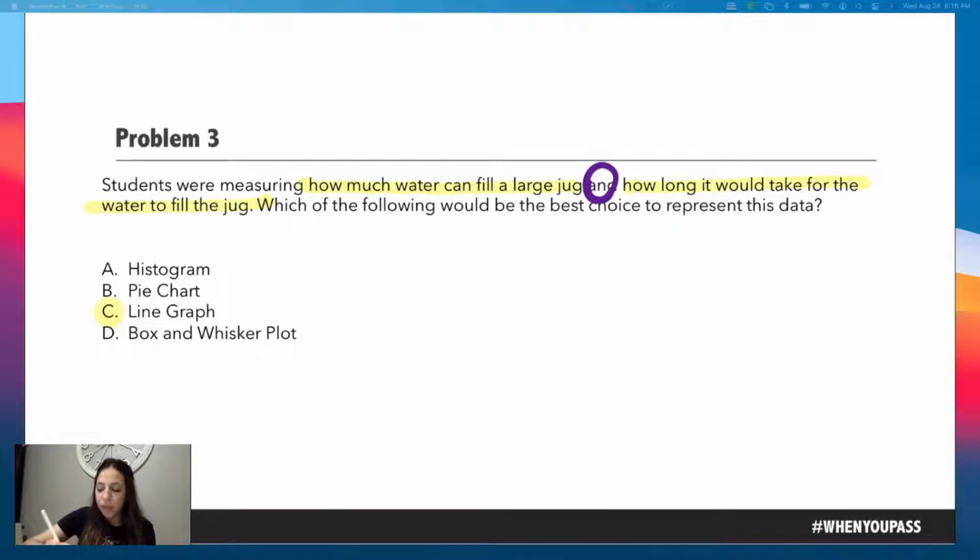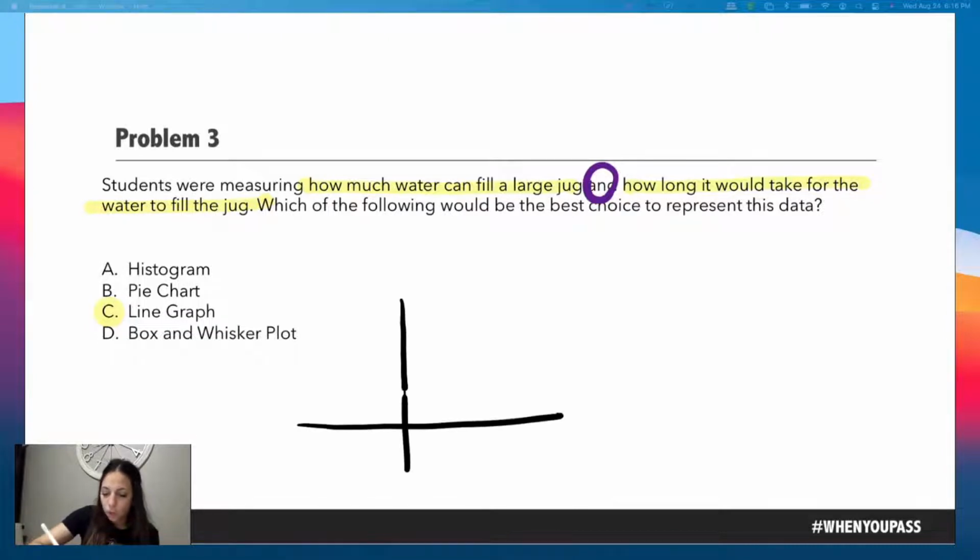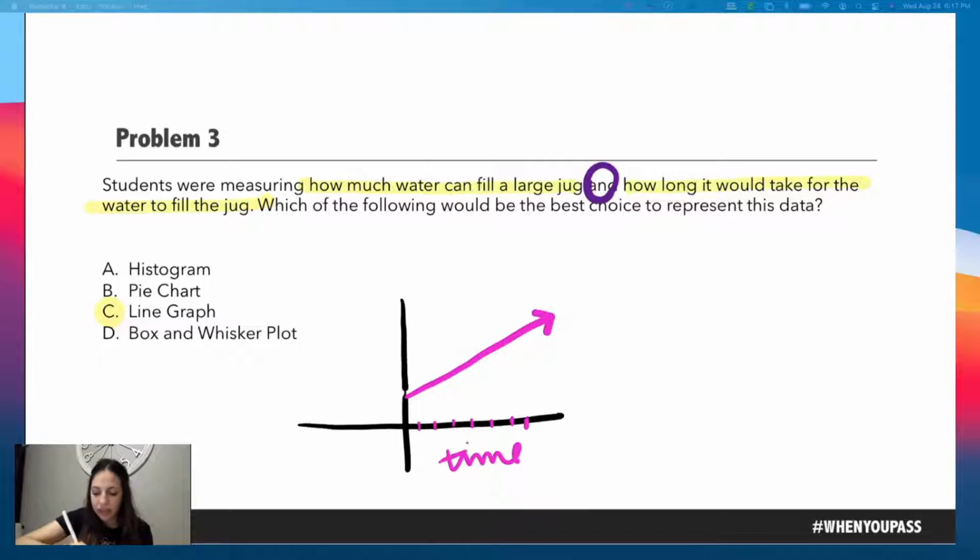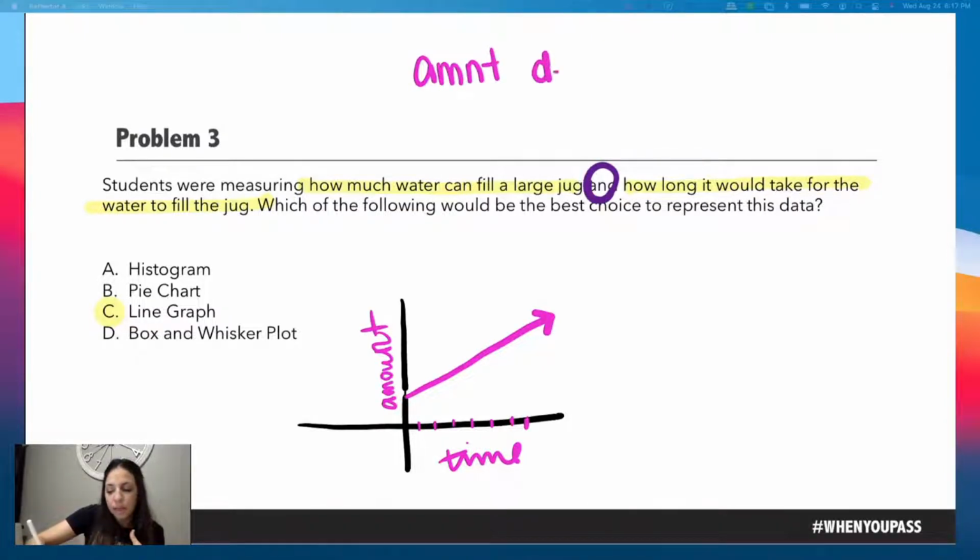And here's why. When we look at a line graph, we're looking at a graph that looks something like this. So I've got time on my x-axis, and I have the amount of water on my y-axis, because the amount of water depends upon the time.